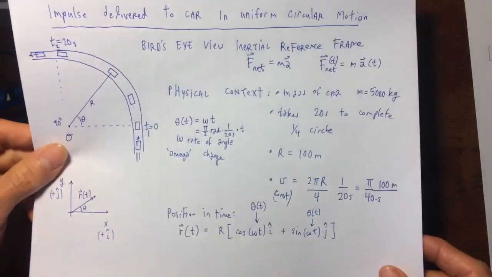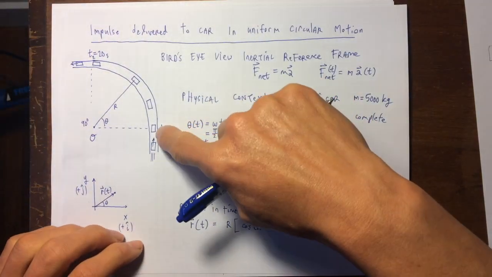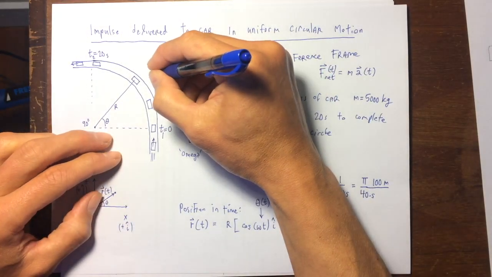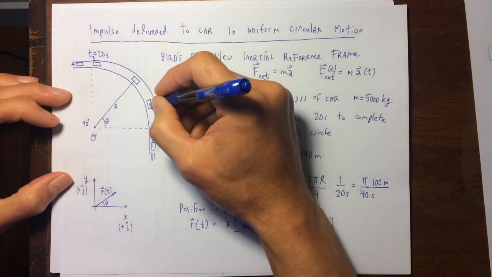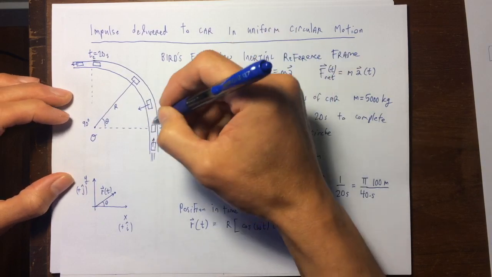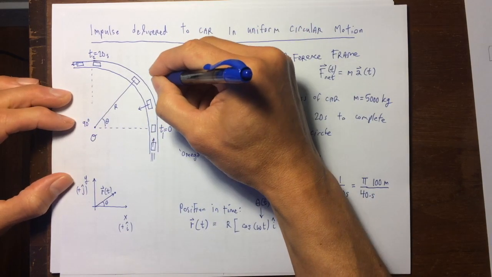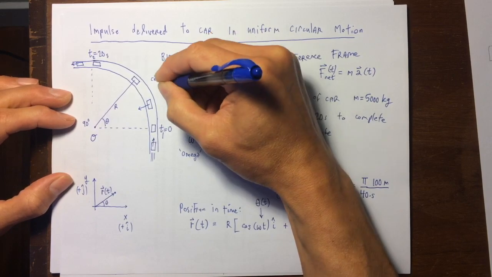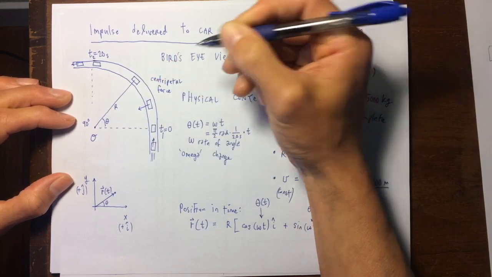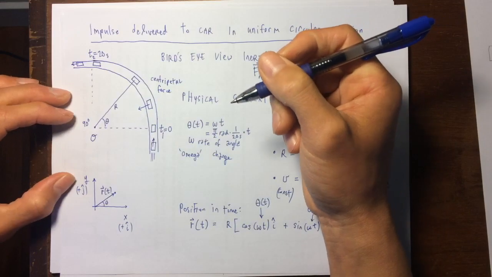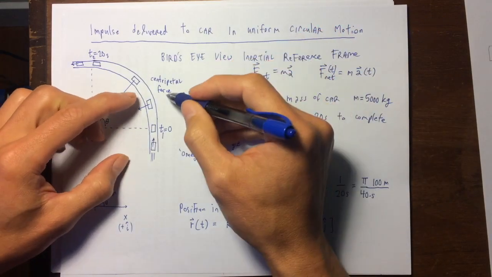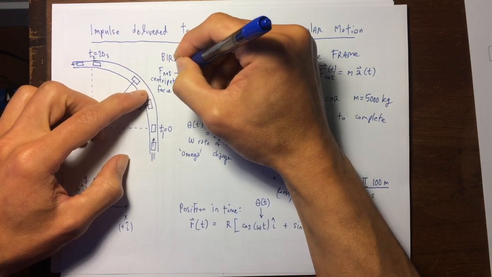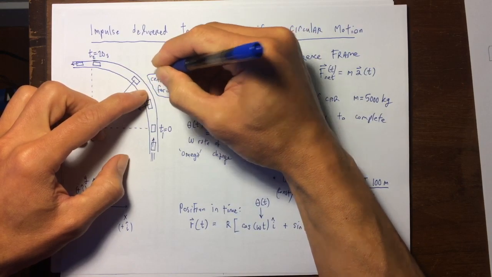So let's go and inspect what's going on. This little car is in uniform circular motion, and the thing that causes that is centripetal force, right? And the idea is centripetal force must be the net force.